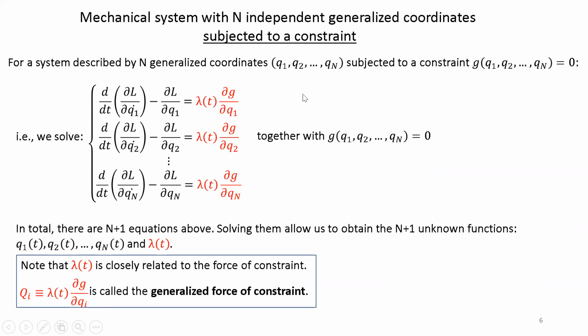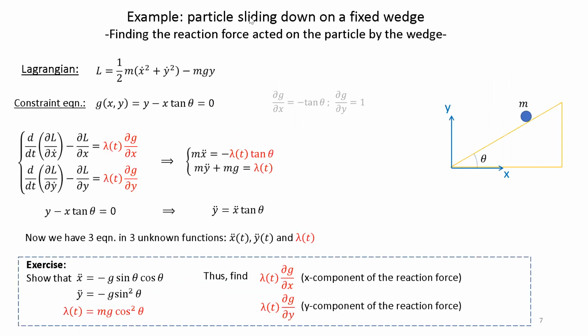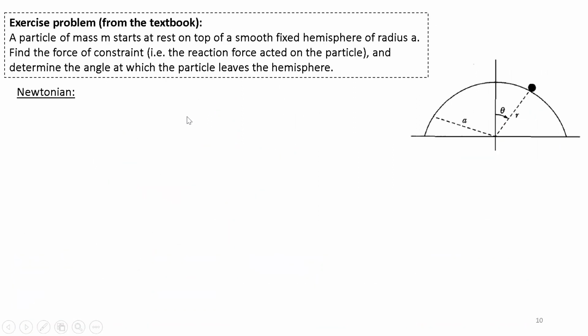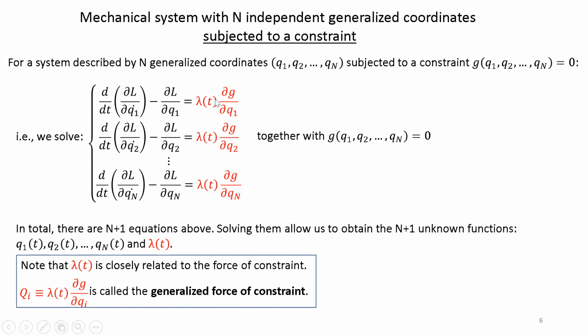I have a system described by n generalized coordinates, not just x, y, z. This does not even have to be a single particle system. It can be a multi-particle system, and suppose I need n generalized coordinates, and I have one constraint over here.